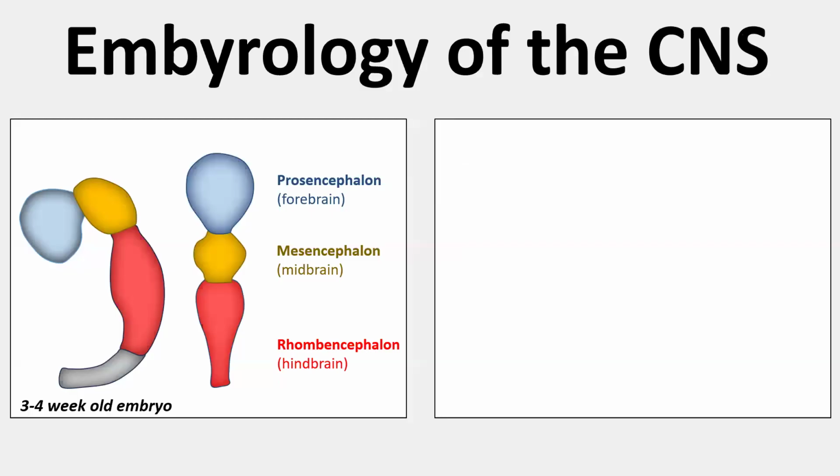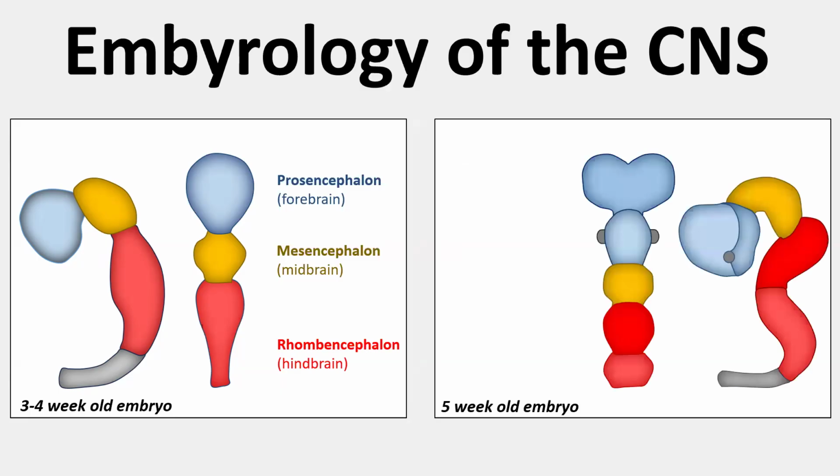As you know, the embryological brain starts as three vesicles: the prosencephalon, or the forebrain, the mesencephalon, or the midbrain, and the rhombencephalon, or the hindbrain. And in a 5 to 6 week old embryo, we see that these three vesicles have increased and turned into five vesicles.